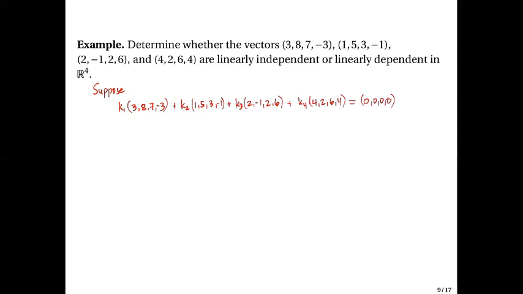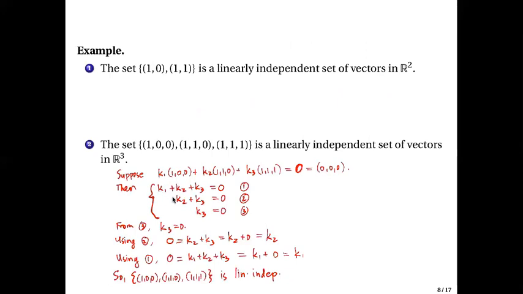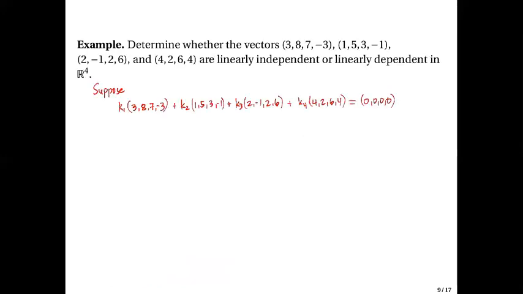And we did something like this in the previous examples, this kind of solution. So it's a linear system, but we learned a lot of things about matrices. So maybe we can use our knowledge about matrices. You have here four scalars, k1, k2, k3, and k4, and we want to know if they are all zero or not.